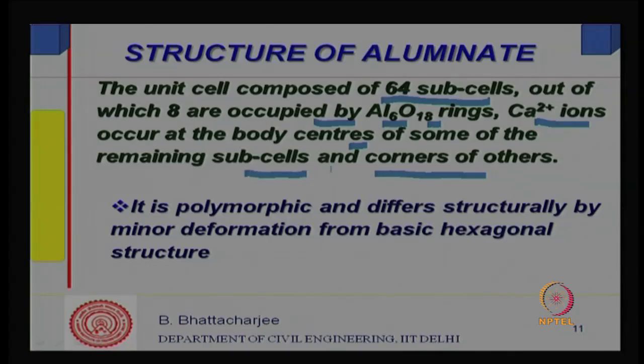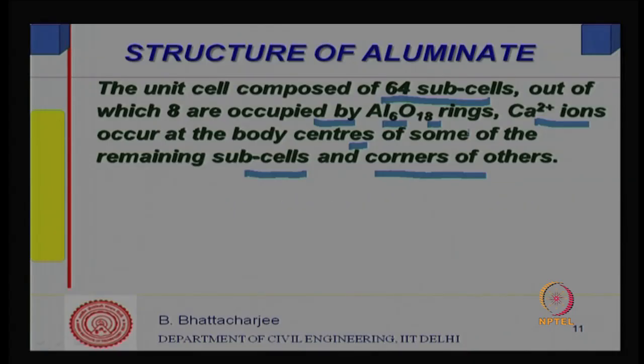It has got Al6O18 rings. Calcium ions occur at the body centers of some of those subcells, and in the case of some of the other subcells they occur at the corners. So, 64 subcells are there.